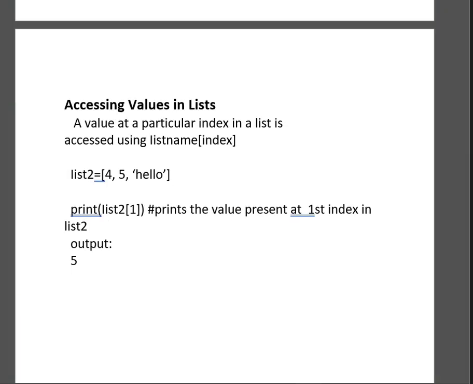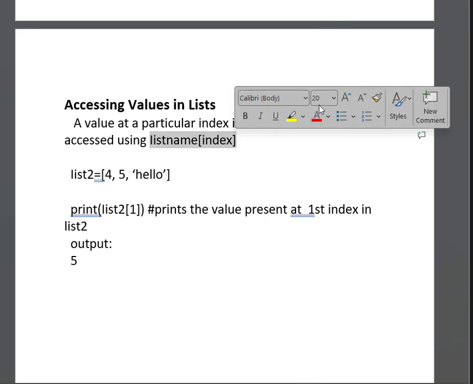Next we are going to see accessing values in the list. The value at a particular index in a list is accessed using the list name and the index. This is the syntax for accessing a value.